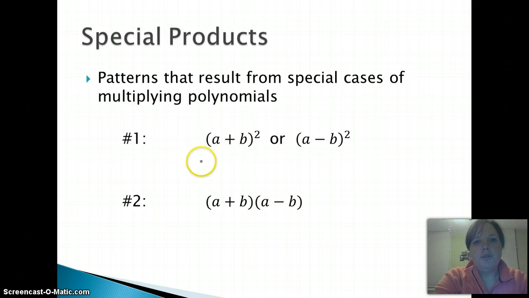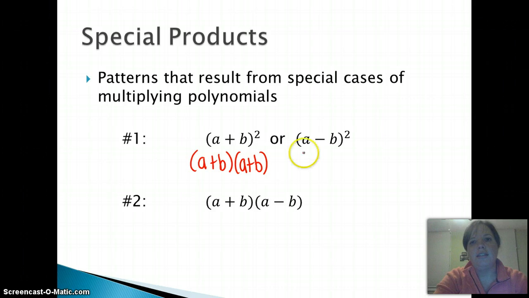The two different cases are, first, when you have a plus b squared, meaning the parentheses are repeated: either a plus b, a plus b, or a minus b, a minus b, with a and b just standing in for whatever components you have of your binomial.